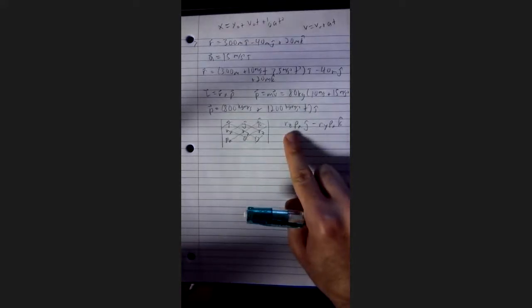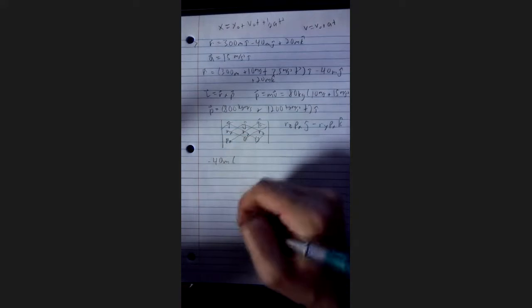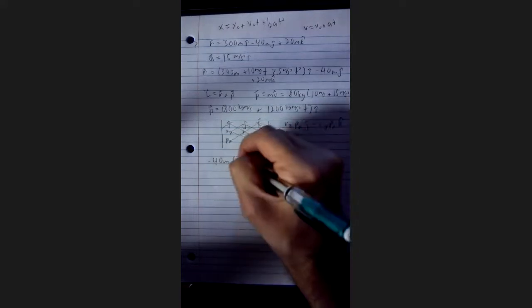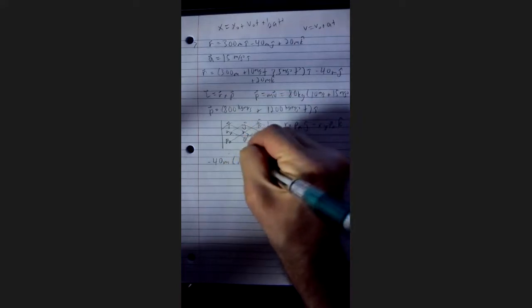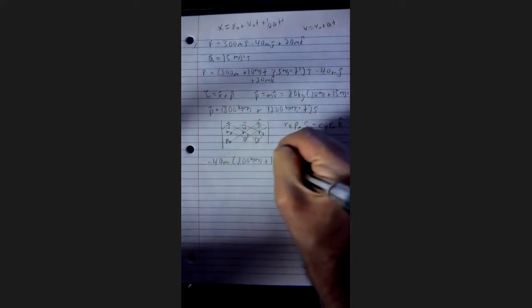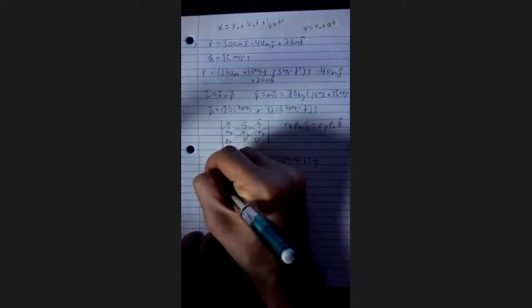So the z component of our position is minus 40 meters. We have to multiply that with Px. Now our Px is all of our p, this 800 kilogram meters per second plus 1200 kilogram meters per second squared times time. So this is the y part of our angular momentum. Then we have to subtract the y part of our position, which is minus 40. So the minuses go away and I'll have positive 40.